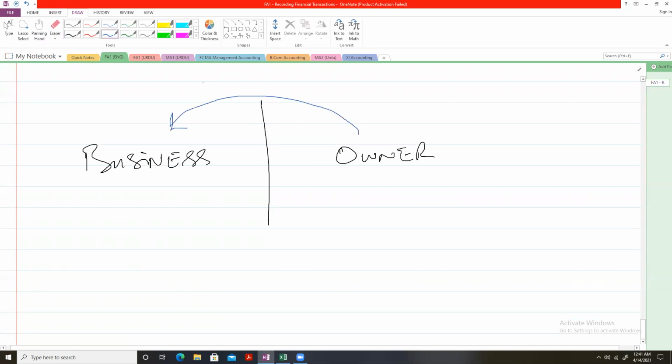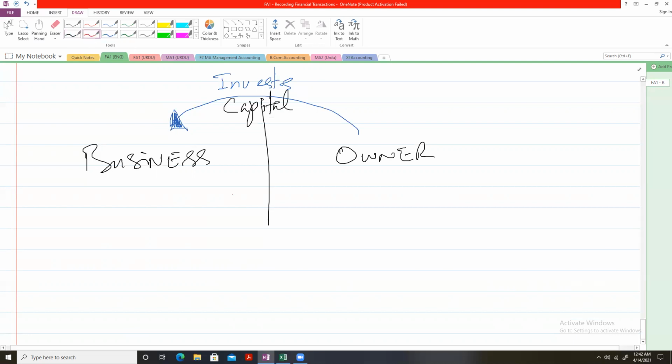Whenever the owner invests something in the business, or you can say whenever the owner benefits a business from his personal belongings, then this is said to be an investment. And whenever the owner makes an investment, then the capital of the business increases.